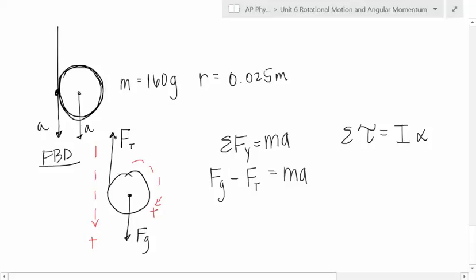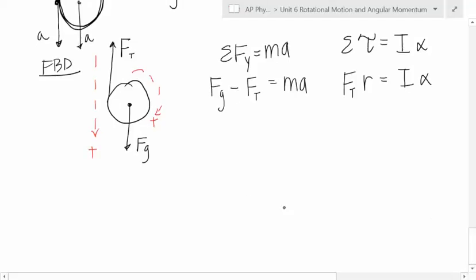So what's causing it to rotate? The reason why it spins is there is a tension force acting at the edge of it, and that would cause the I alpha. So then FG minus MA would equal FT.